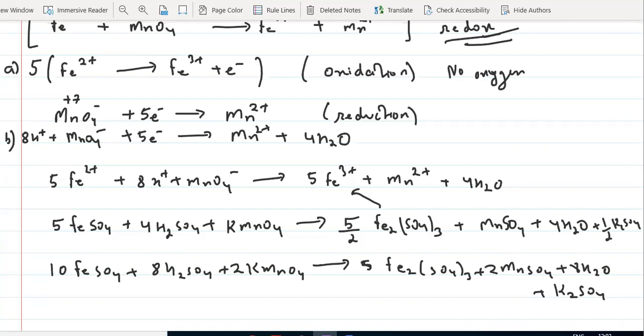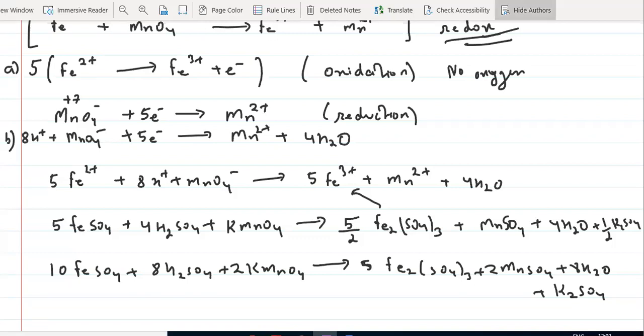Now, do you have to remember any steps in this, or are most of the steps intuitive? Yes, because I haven't told you which method it is. When you have to solve a problem, you don't have to worry about which method it is, you just have to solve it. Both the ion electron method and the oxidation number method are 70 or 80% the same, so it creates some confusion in students.